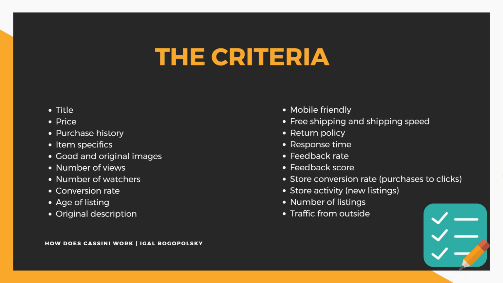Once you go below 98%, eBay will have some punishments. And one of them is they might take your power seller status away, and some problems with your store subscription and so on. So please keep in mind that you want to have a good feedback rate and as high a feedback score as possible.